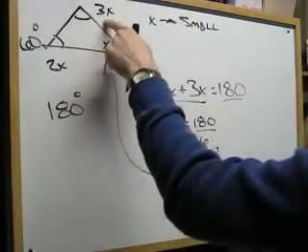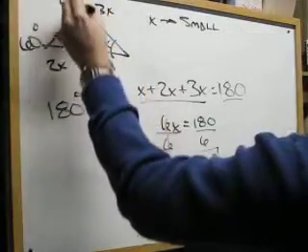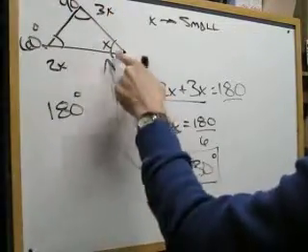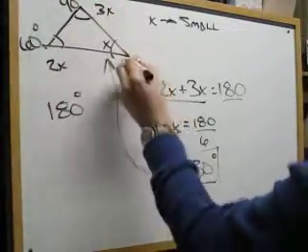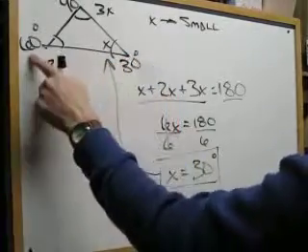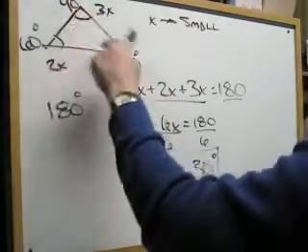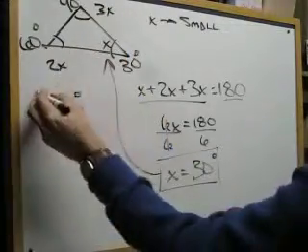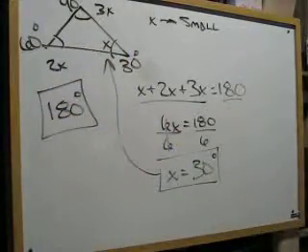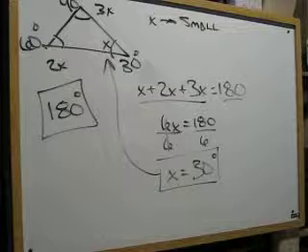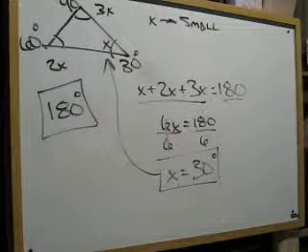And this one's 3 times 30, so this is 90. So if this is 30, 60, 90, 30 degrees plus 60 degrees is 90. 90 plus 90 is 180, and that works because when we add up all 3 angles, we get 180 degrees. Okay.